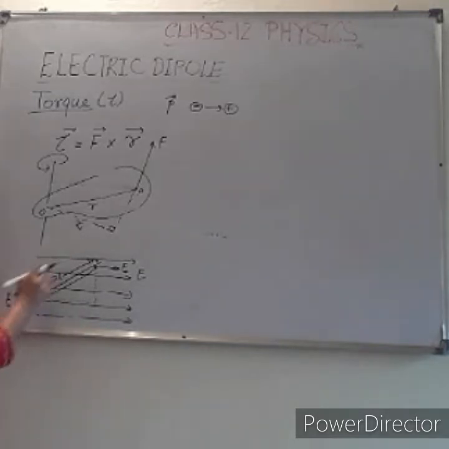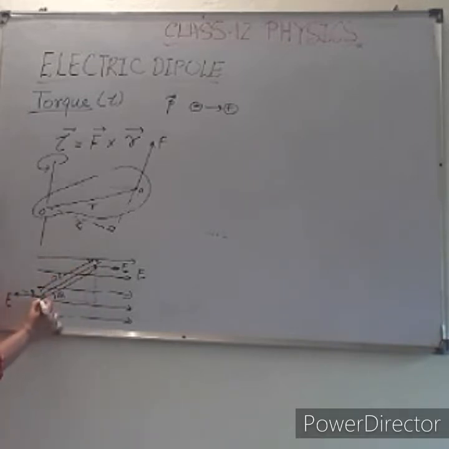So 2L is the dipole length. This is the angle the dipole system is making with the electric field. So theta is the angle between the axis of the dipole and the electric field. This is theta.